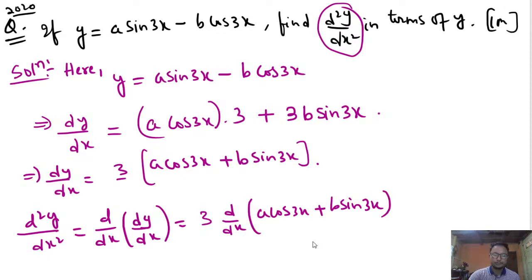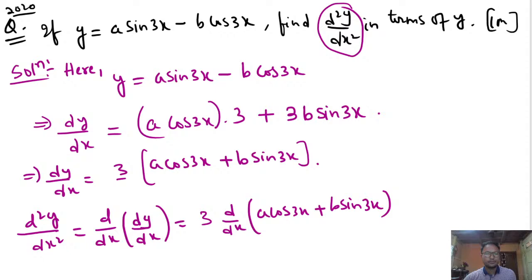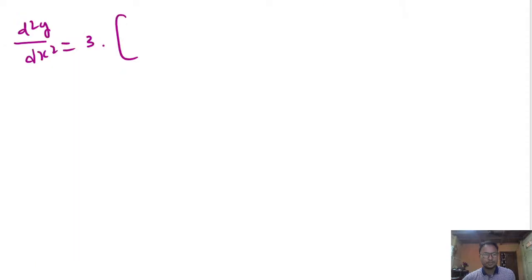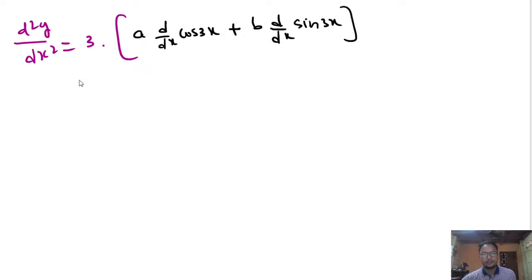Okay, let's continue. d2y by dx square equals 3 times the derivative of a cos 3x plus b sin 3x. Here a and b are constants. So a times d by dx of cos 3x plus b times d by dx of sin 3x.